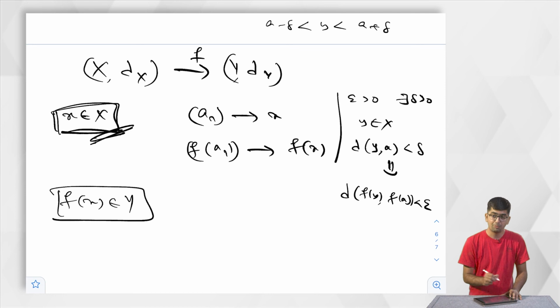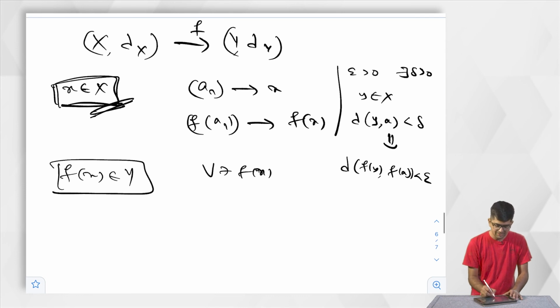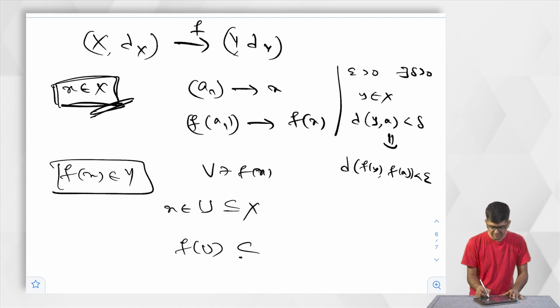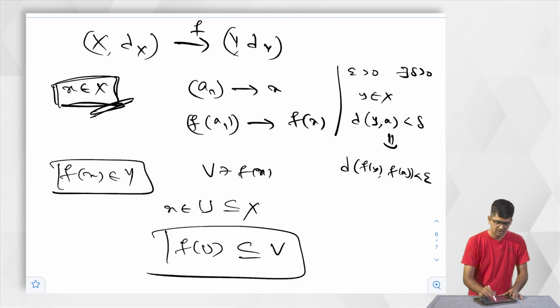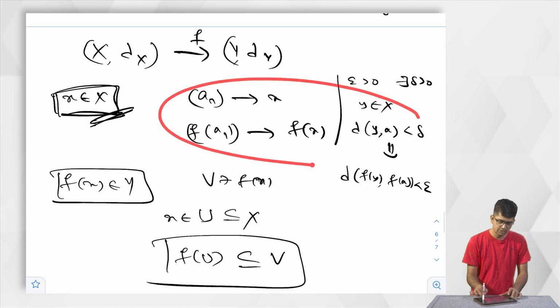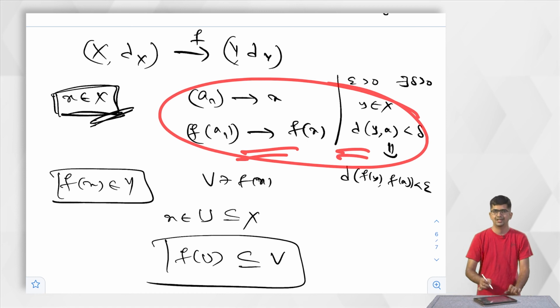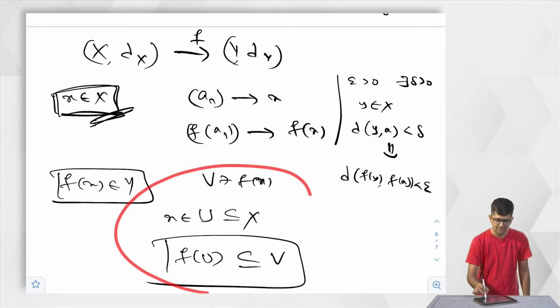Given any open set V containing f(x), there is an open subset U of X containing x such that f(U) is totally contained in V. This notion of continuity, these two descriptions imply this idea.